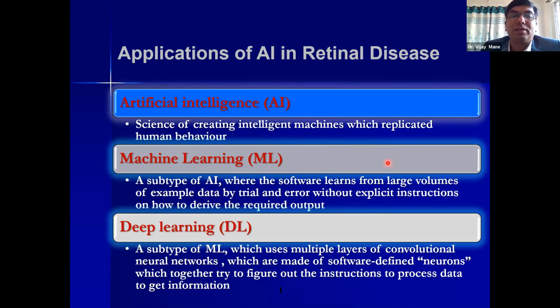Machine learning is a subset of AI where the software learns from a large volume of data or input that we give, by trial and error, without explicit instructions on how to derive the expected outcome or output. And deep learning is a subset of machine learning which uses multiple layers of neural networks, software-defined neurons, to figure out the instructions on its own to process and get the appropriate output.